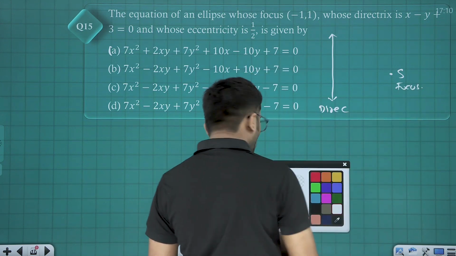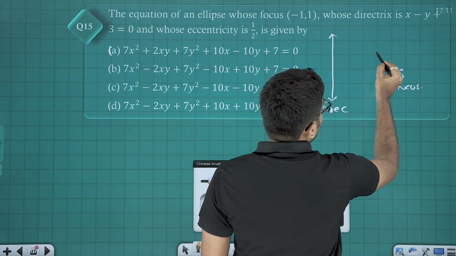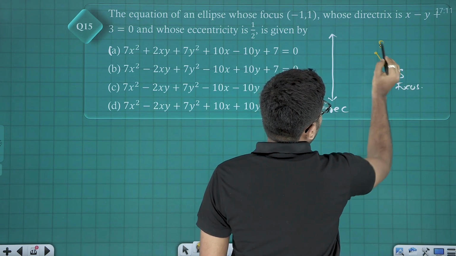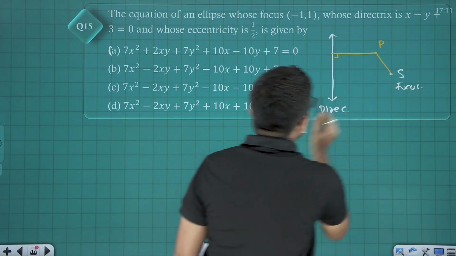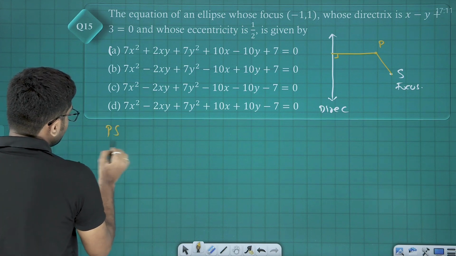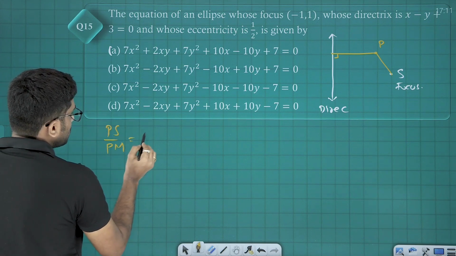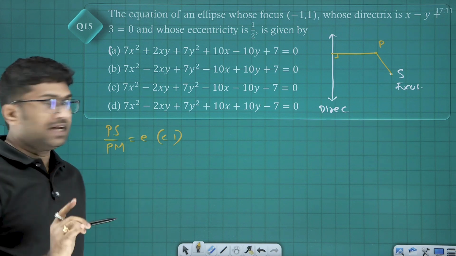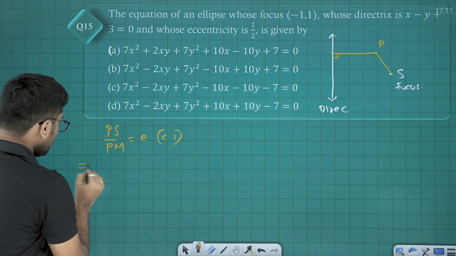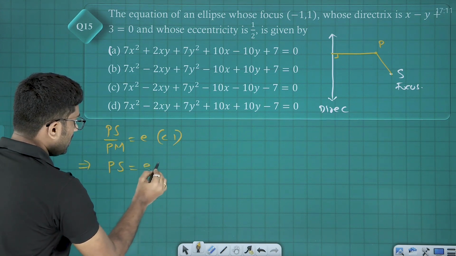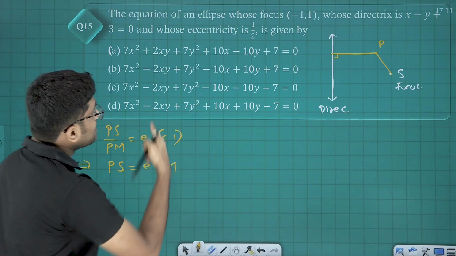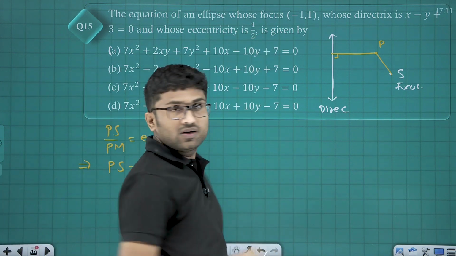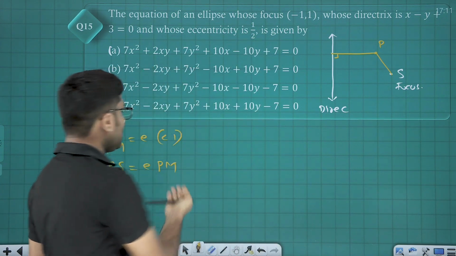So if there is a point P such that PS by PM is equal to a constant, and this constant is less than 1, then the locus of P is an ellipse. So clearly PS is equal to E times PM. If E is less than 1, they have given eccentricity less than 1, so that is nothing but an ellipse only.